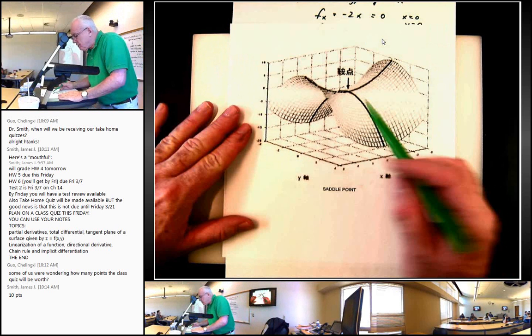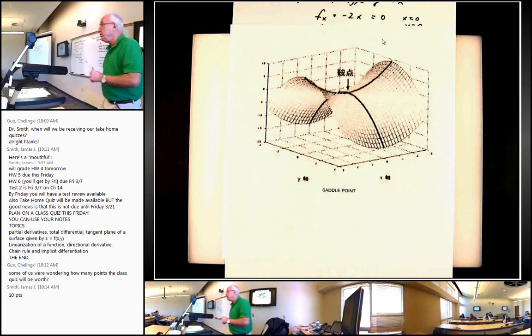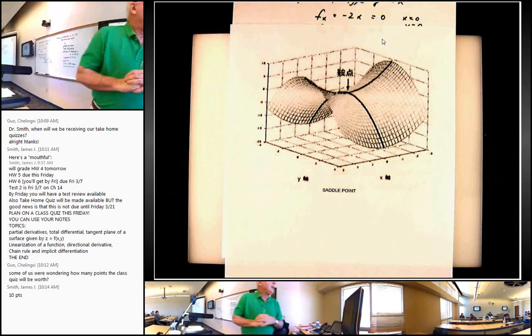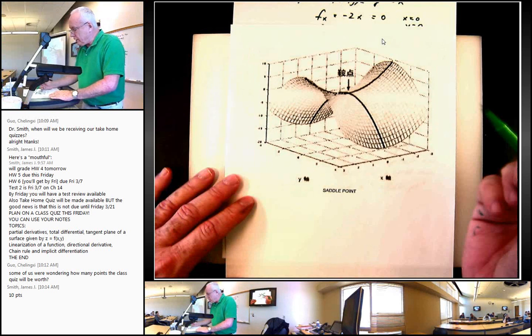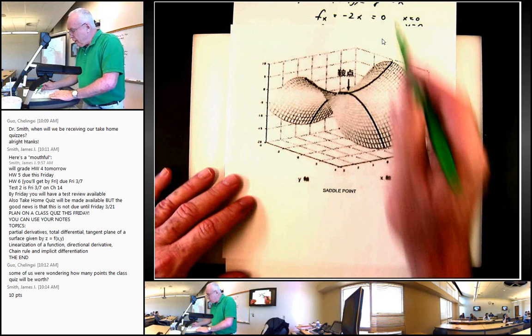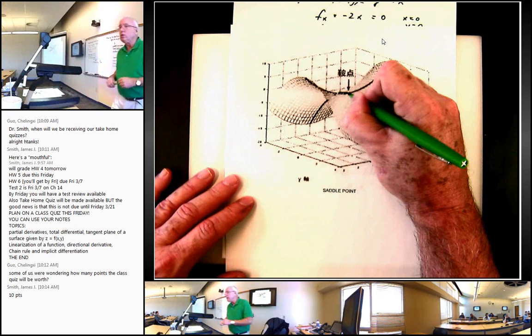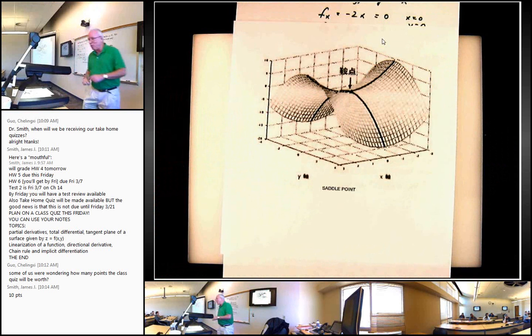I didn't insert the Chinese glyphs in there. So we have this function. I don't know exactly what it is, it's probably very similar to what I just wrote up there. Notice this point right here looks like a saddle that you put on a horse. That's why it's called a saddle point.